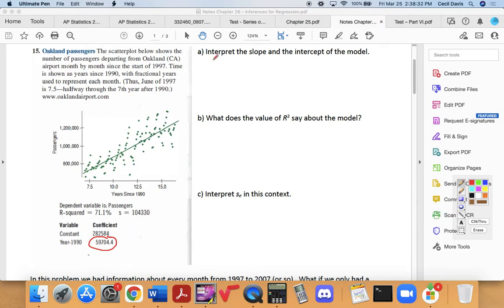Here's something the AP would like to see, something a little more like this. Although that's not wrong, it's not as right as it needs to be.